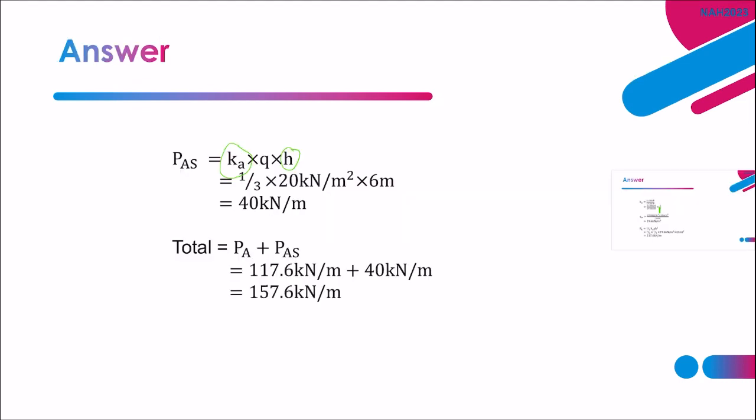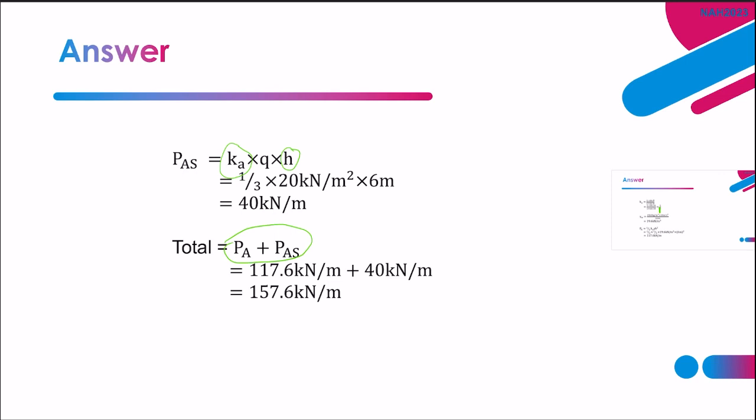Fill into the formula. 1/3 is the value of KA. And 20 kN per meter square, this is from the question itself. And the value of H daripada example number 5 juga 6 meter. And you get the total of surcharge is 40 kilonewton per meter. And since this question want you to find the total lateral thrust, meaning that you need to find PA and PAS.